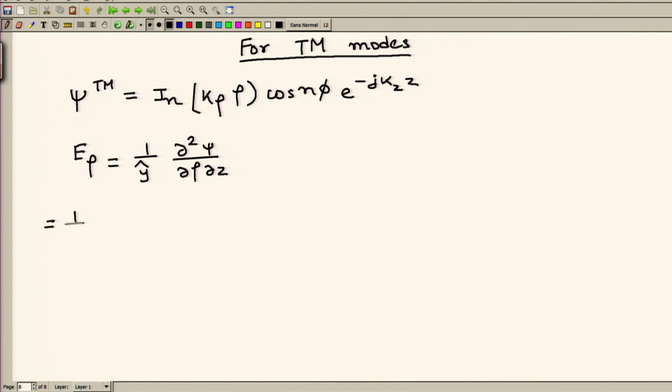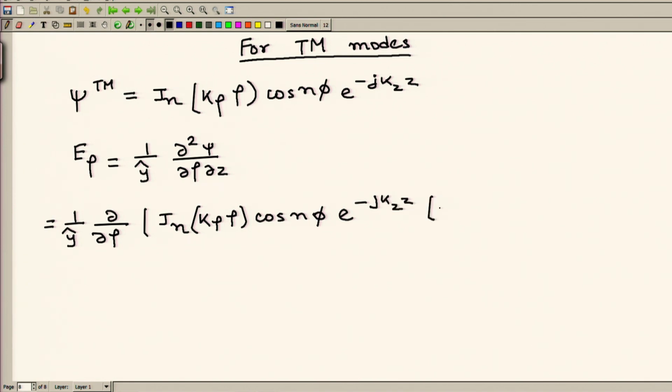So, this will be 1 upon y cap del rho of, first with respect to z, Jn k rho cos of n phi e to the power minus j k z z, minus j k z.